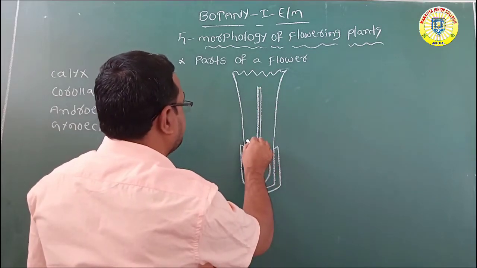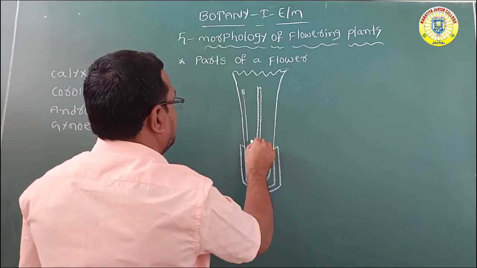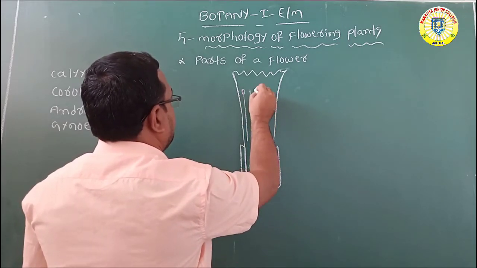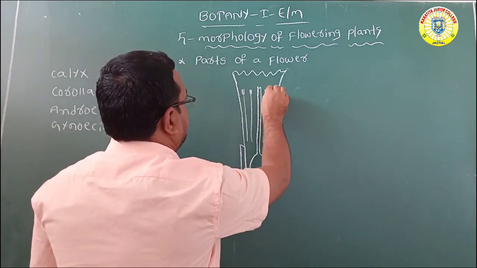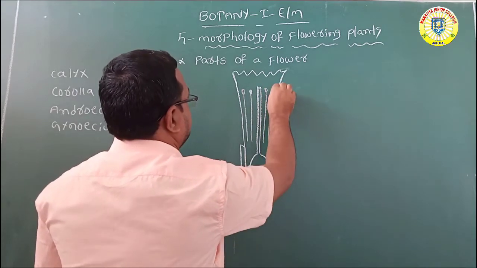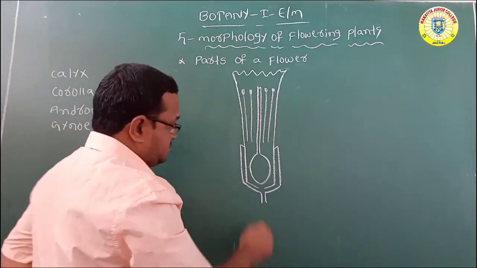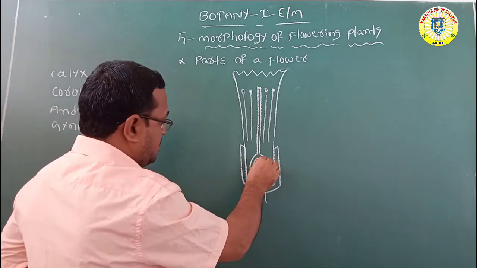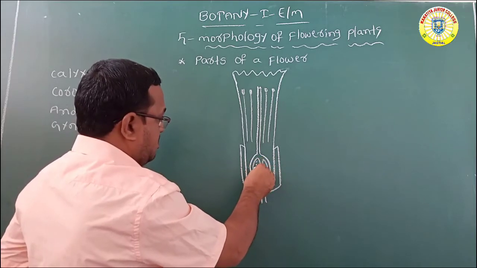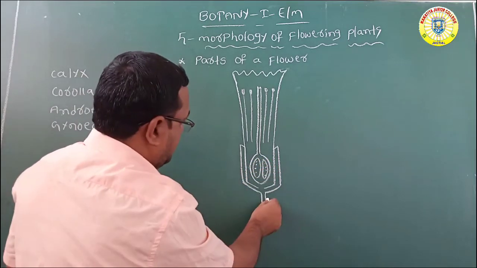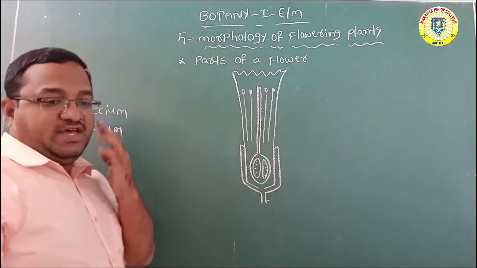Here you can see stamens. Bract. So these are the floral parts of the datura flower.